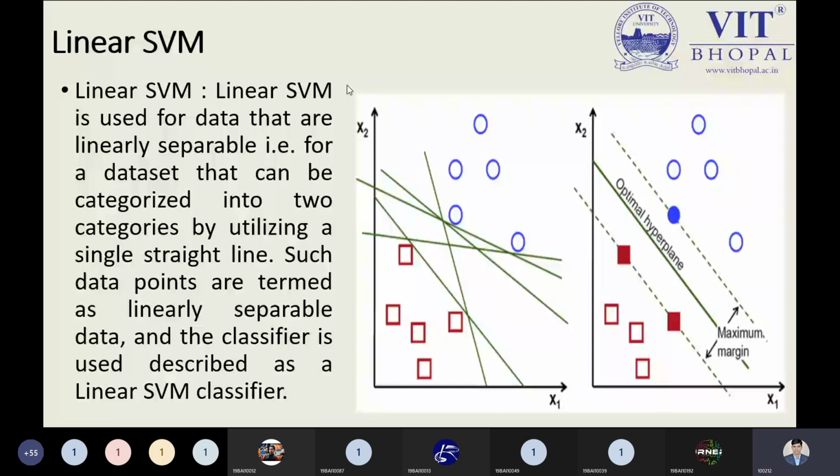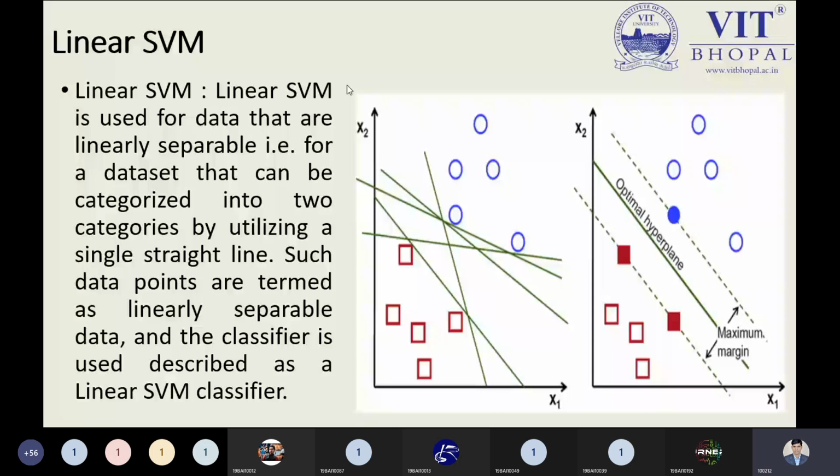I'm remembering the equations, so that's why I'm saying d equals the absolute value of ax plus by plus c, divided by the square root of a square plus b square, and that is known as the distance margin. That is the formula for calculating the distance margin.